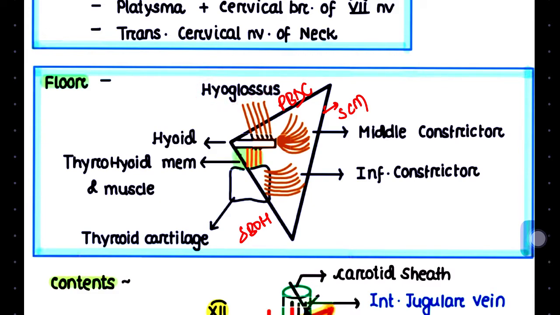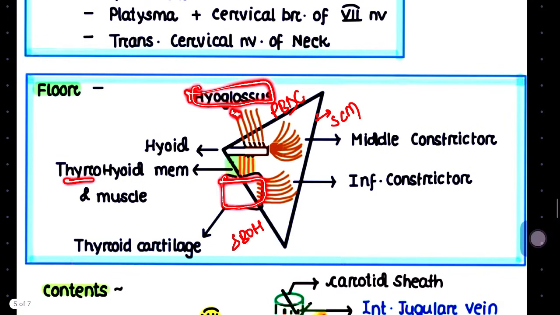Similarly, you will see the thyroid cartilage right here, and thyroid gland is present in this region. Between this thyroid cartilage and the hyoid bone, we have thyrohyoid membrane and muscle.